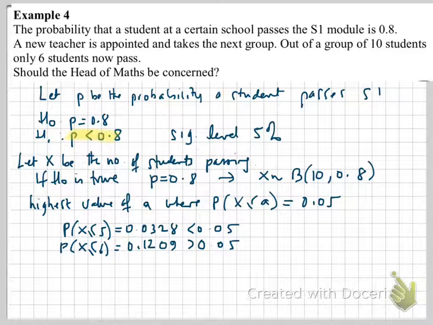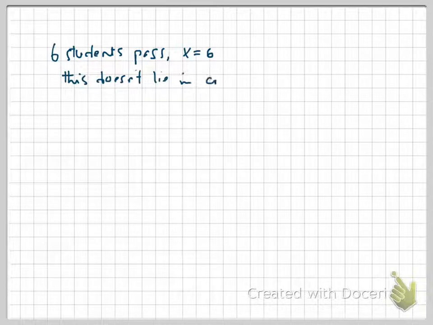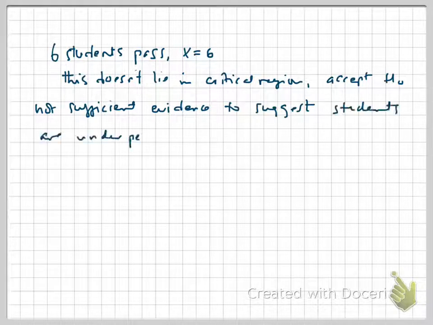Now we get less than 0.05 when X is less than or equal to 5, and so therefore A equals 5, and our critical value is X equals 5, and the critical region is when X is less than or equal to 5. So if 6 students pass, X equals 6 doesn't lie in the critical region, so we can therefore accept H0 and conclude there isn't sufficient evidence to suggest students are underperforming.